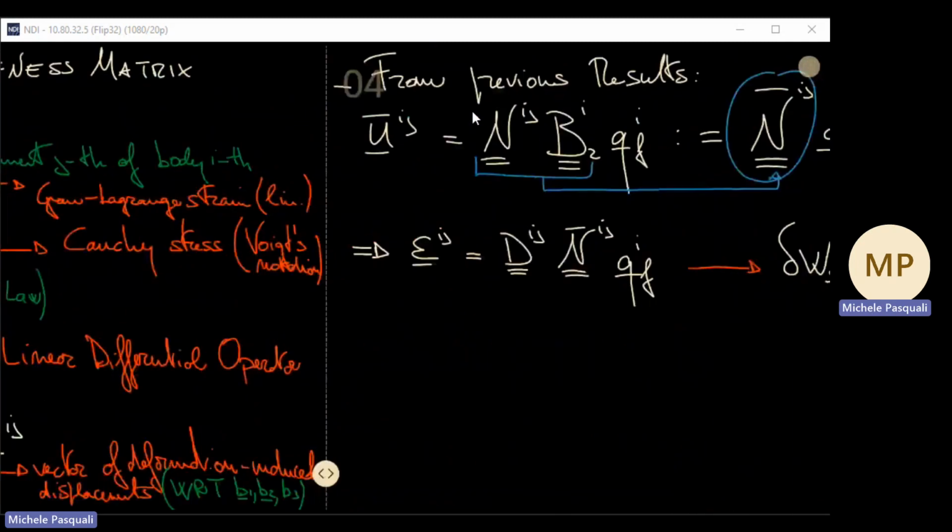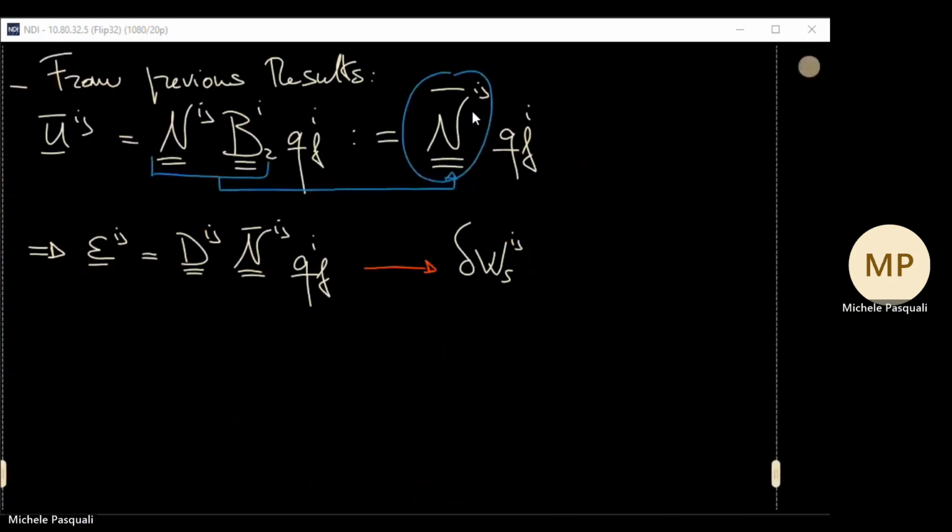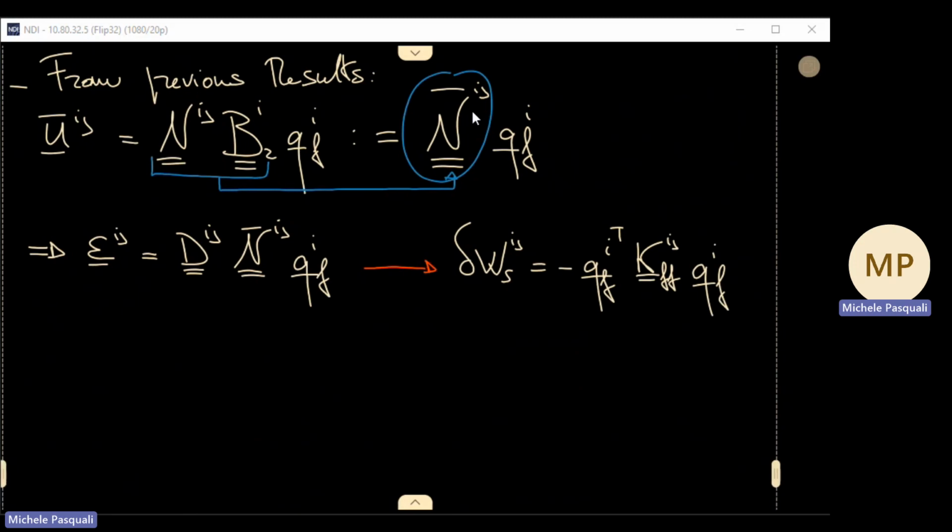Okay, it's fine. It reads, as we know, QF I transposed applied over K FF. In this case, we have K ij, and so it's a quadratic form, as usual.